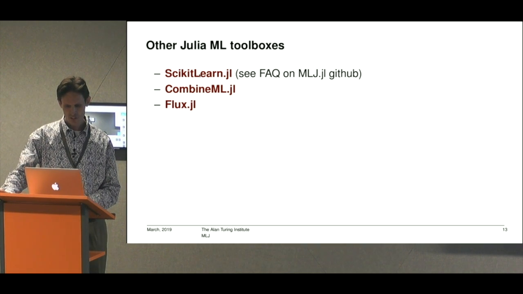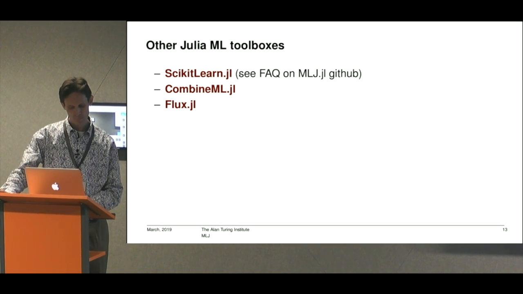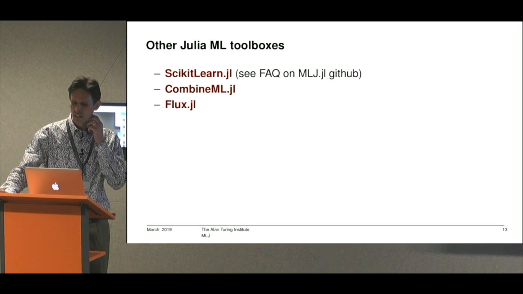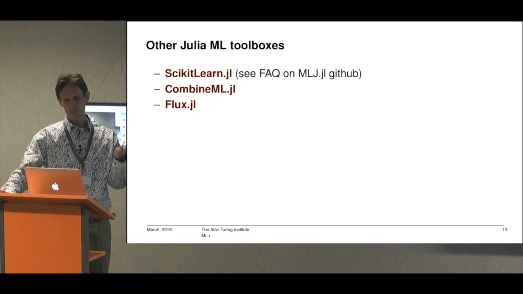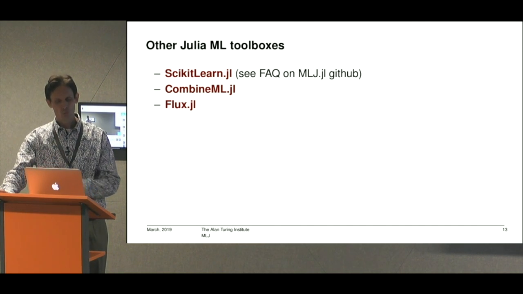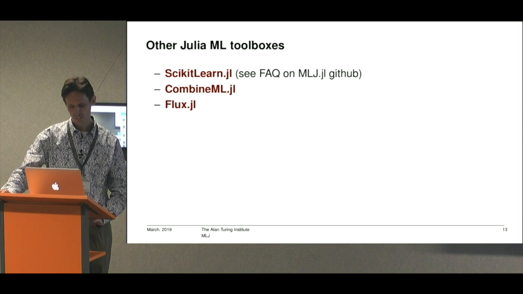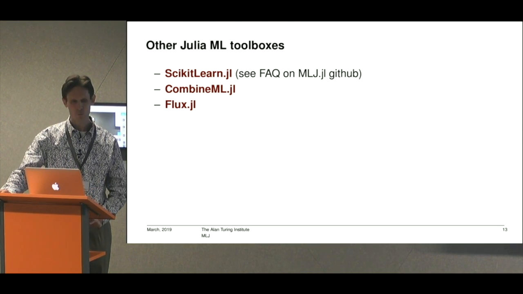The advantage of scikit-learn is that this is wrapping a very mature toolbox, and by using scikit-learn, you have access to a very large number of models, a larger number than you would in any other way at present. But it's Julia wrapping Python wrapping C, which has all the problems of having more than one language.